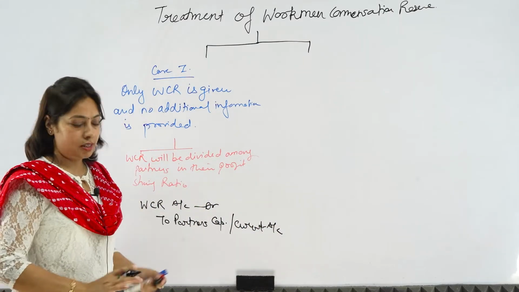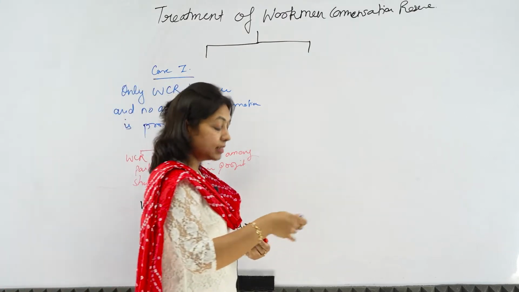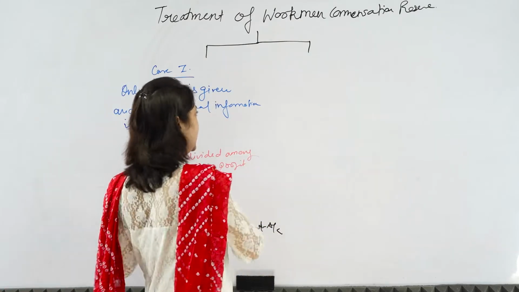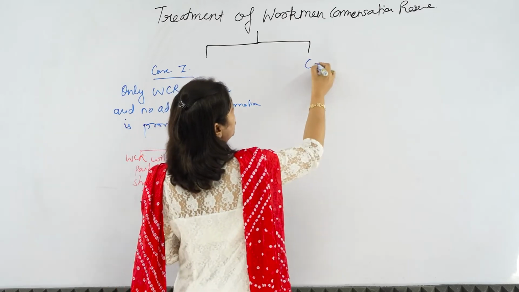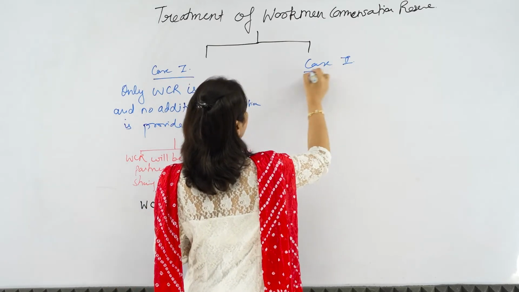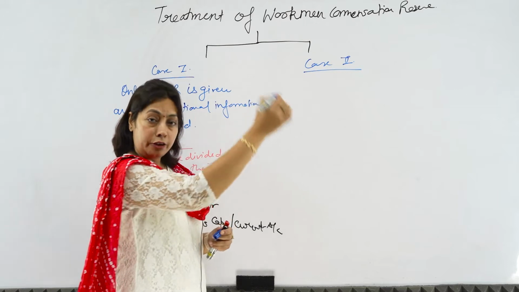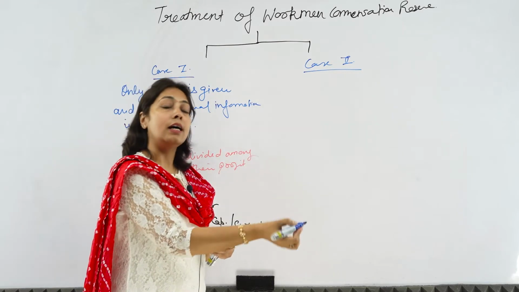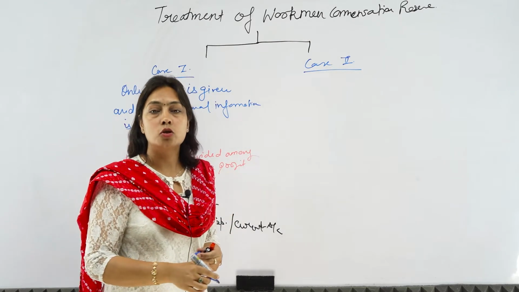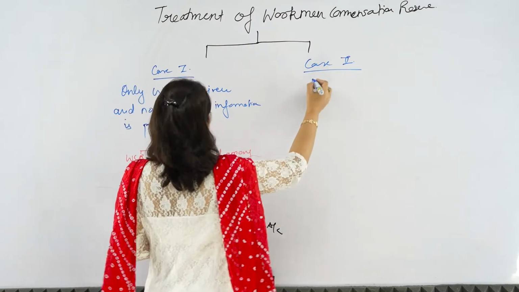Here is the first case. Now there is one more case and it is a very complicated case. This is a very easy case. In case 2, WCR is given in the question, and along with it additional information is also given.